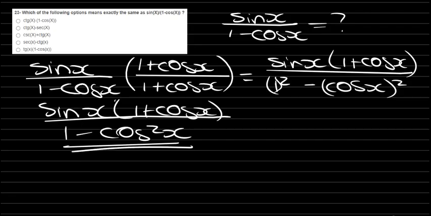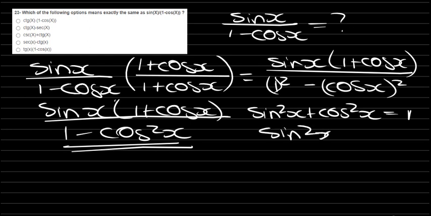This part looks very familiar, doesn't it? It looks familiar because sine squared x plus cos squared x equals 1. We know this, so if we rearrange this equation, we'll see that sine squared x equals 1 minus cos squared x.